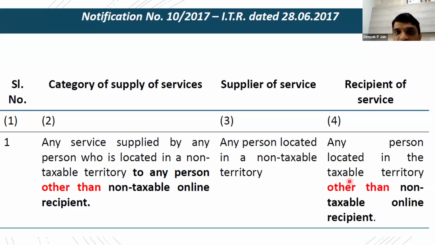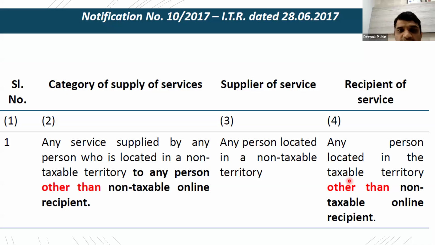So what does this mean? If the recipient is registered or unregistered, that doesn't matter. If the recipient is a person who is located in the taxable territory, he is liable to pay tax. The impact of this is that we will have to see if you are consuming any service.